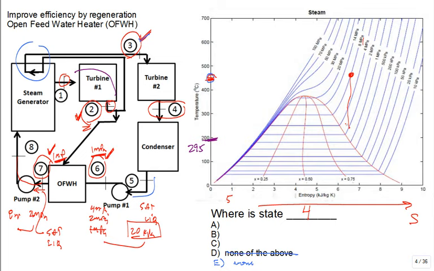So let's get it down definitely into the two-phase region, and 1 megapascal will do it. All right, now we're there. That's state 2. Some of that 2 is diverted over and now comes out at state 8. Now, state 7 needs to be somewhere right in here.